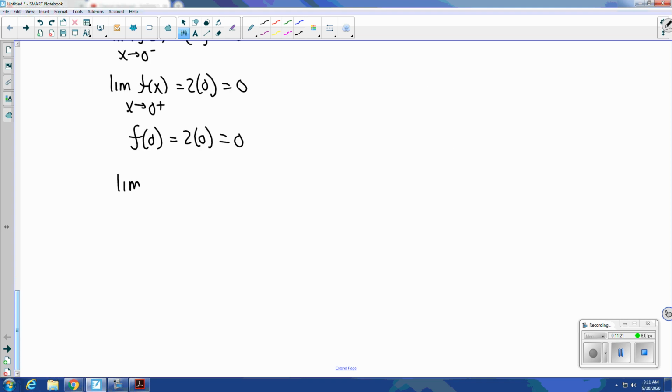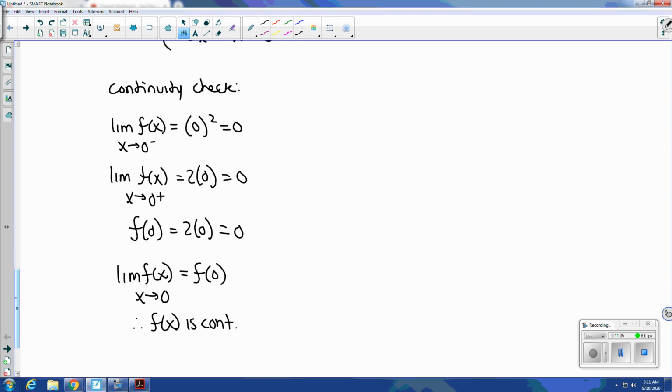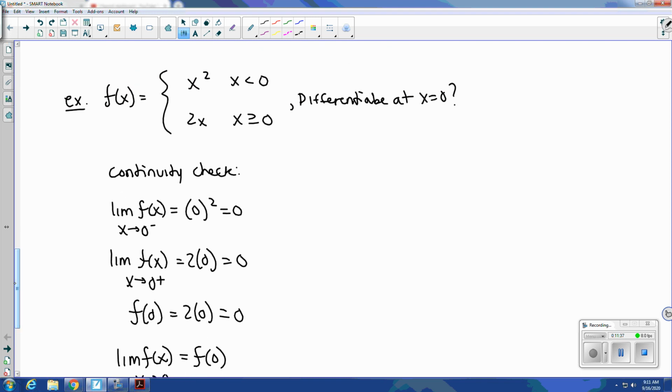Therefore, the limit of f of x as x approaches 0 is equal to f of 0. So therefore, the function f of x is continuous. So step 1, complete. Now we have to check differentiability. So derivative check.